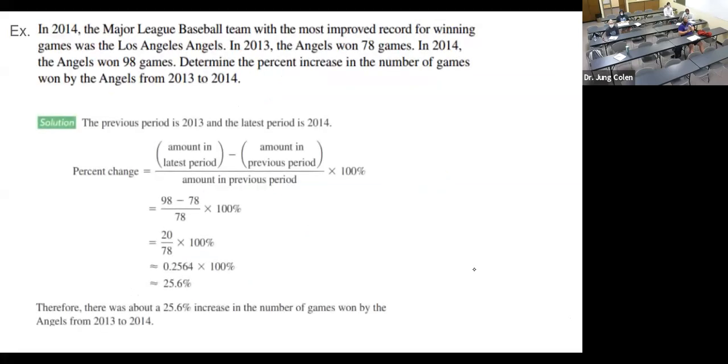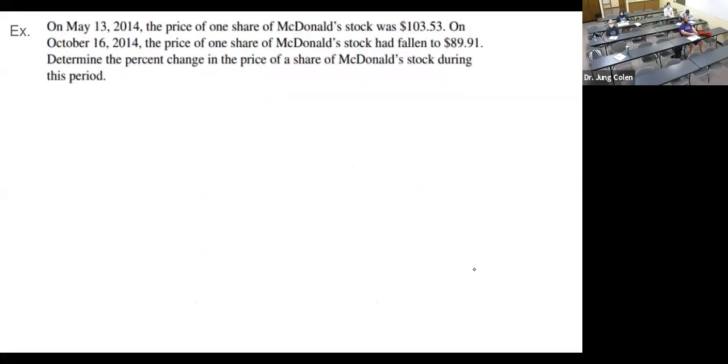Let's see if I have more examples there. Okay, here's one more example. On May 13, 2014, the price of one share of McDonald's stock was $103.53. On October 16, 2014, so it's after 5 months, the price of one share of McDonald's stock had fallen to $89.91.